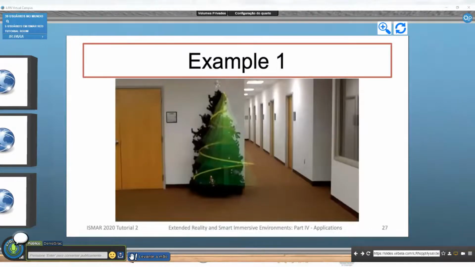is decorating a Christmas tree. So the notion is that every year we want to decorate the tree the same way, and one way to do it is to use mixed reality that will guide us where to put individual decorations.